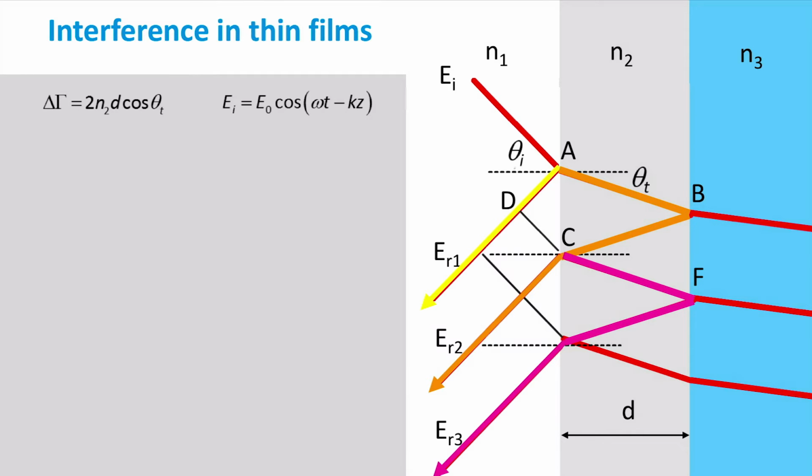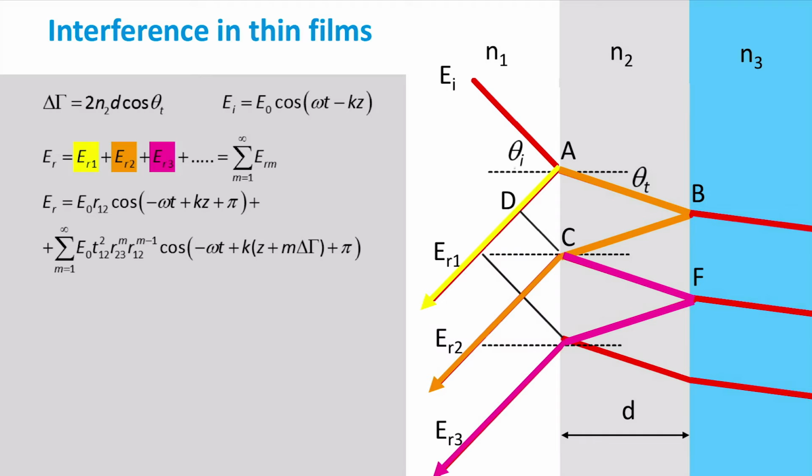The total reflected electric field strength of an incident wave is equal to the sum of the electric field strengths of all reflection events. It can therefore be described by the reflected wave of the 1-2 interface plus the sum of all reflections at the 2-3 interface that are transmitted at the 1-2 interface.